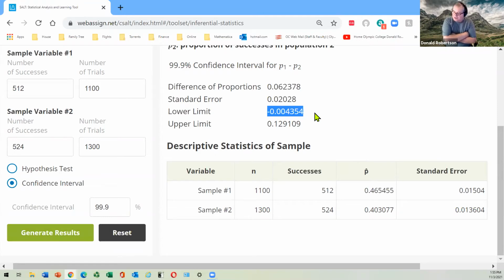Doesn't that mean we don't have evidence at this level to tell for sure that men watch it more than women? So do you see the confidence interval that you use can actually affect your conclusion? In a 90 and a 95, wasn't I quite happy to say guys liked watching the movie more than women? But when I went to 99.9%, the evidence wasn't there.